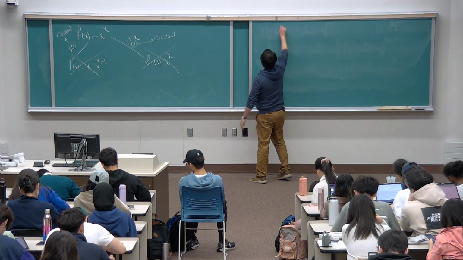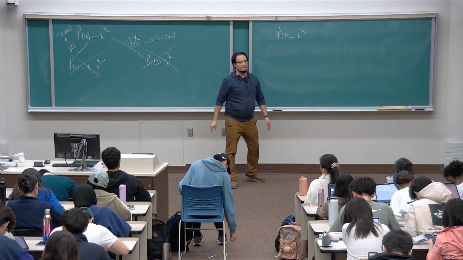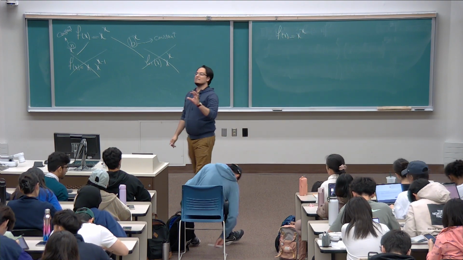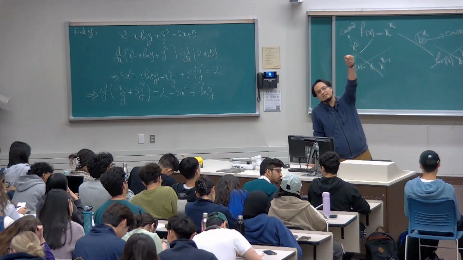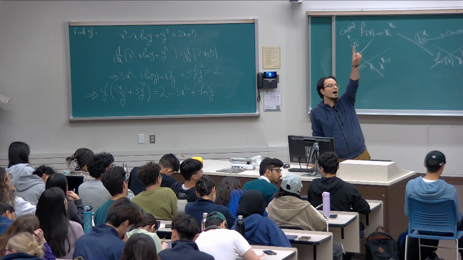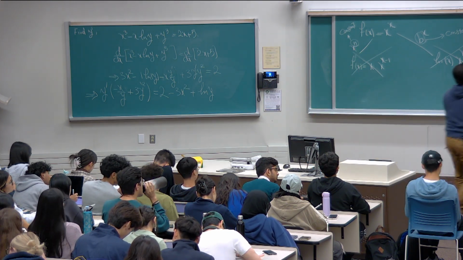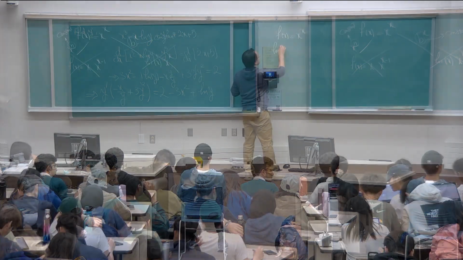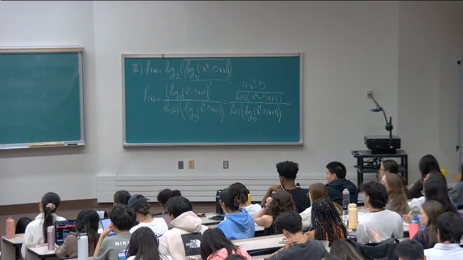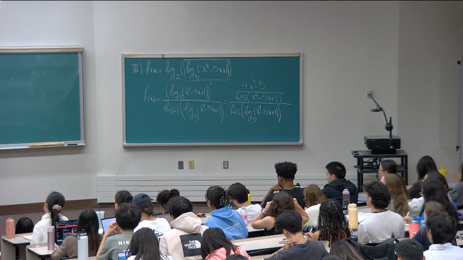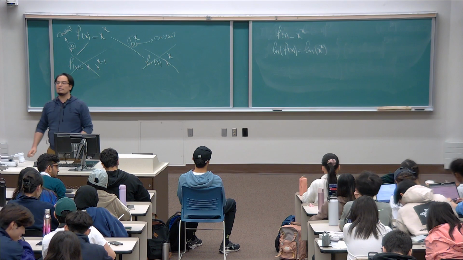So I have f of x is x to the power x, yes? You are interested in finding what? F prime, yes? Instead, I will take ln of both sides. Why am I doing that?